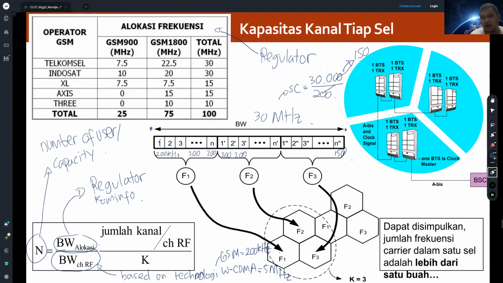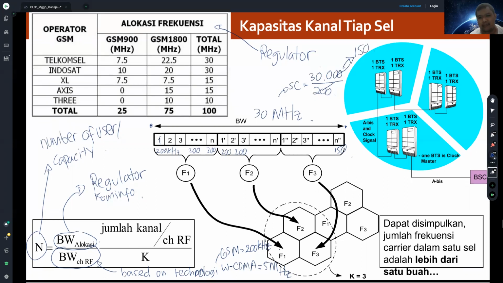However, if we are talking about WCDMA, we have to divide 30 megahertz by the 5 megahertz. So there will be around 6 subcarriers, if I'm not wrong, because 30 divided by 5 is 6, right? Okay.